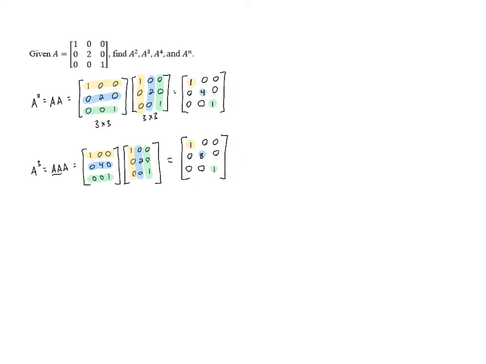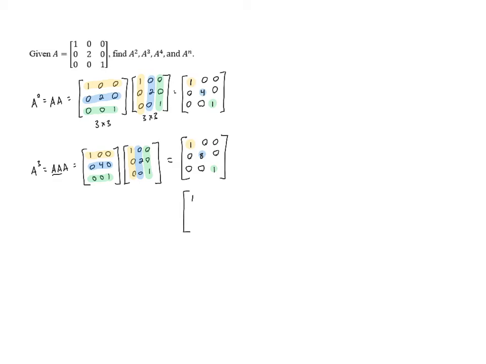Each of these is a 3 by 3 matrix with 6 entries that are zeros, and only along the main diagonal do we have entries that aren't 0. And the main diagonals in each of these start and end with 1. The only thing that's changing is the entry in the middle. We've got 2, and then we've got 4, and then we've got 8. Any guesses what the next one would be?